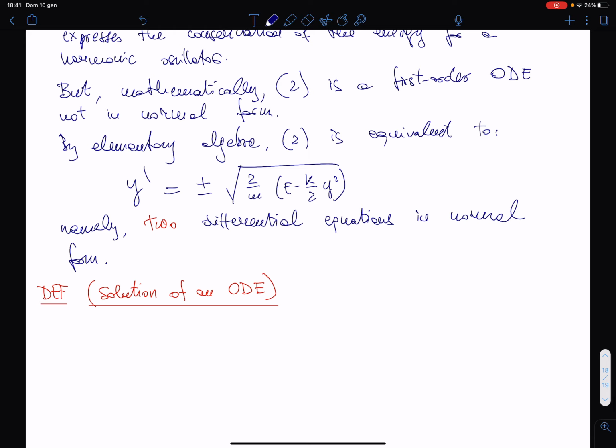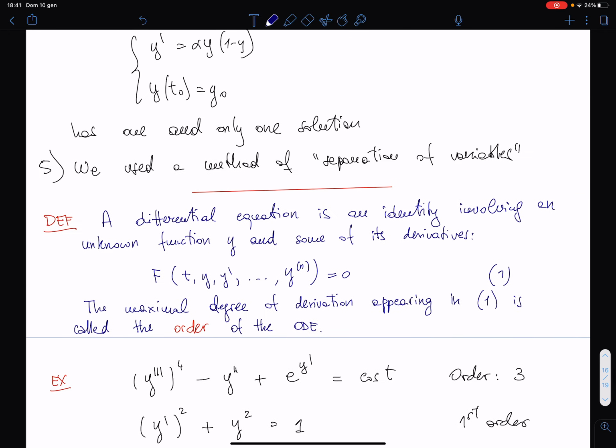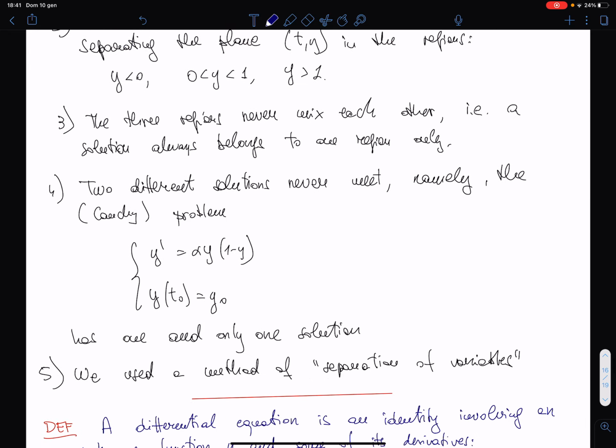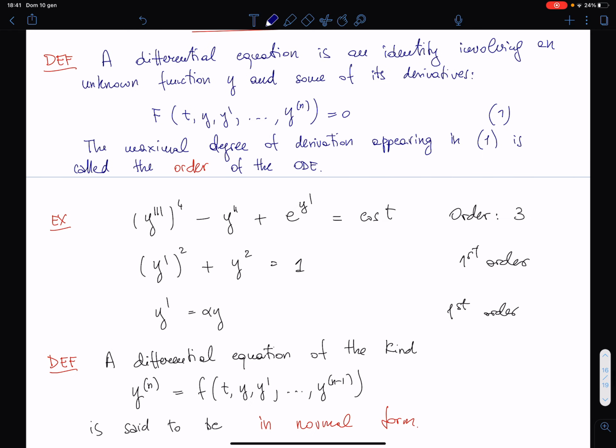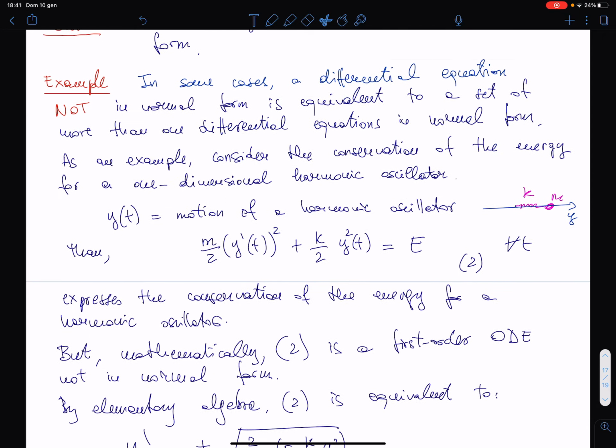So given, let us consider the differential equation not in normal form.